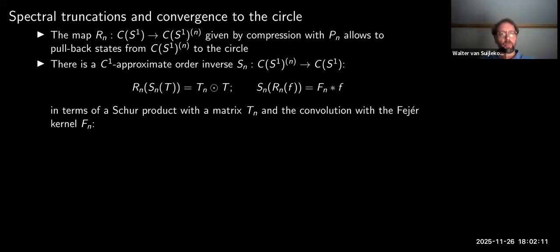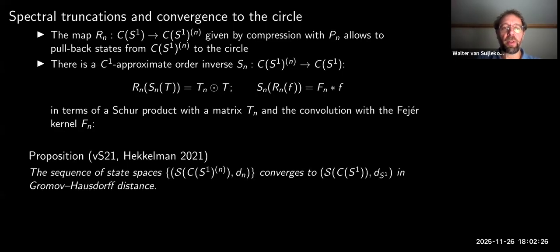So underlying the formula you see is a convolution with the Fejér kernel. And then what you find is that the sequence of state spaces converges to the state space on the circle, so the probability measures on the circle, in Gromov-Hausdorff distance.